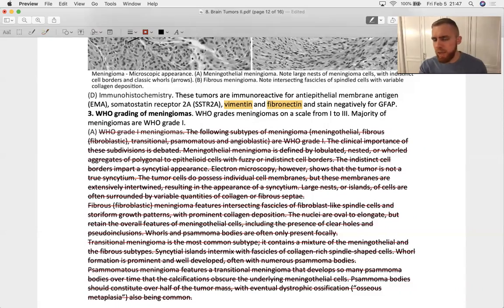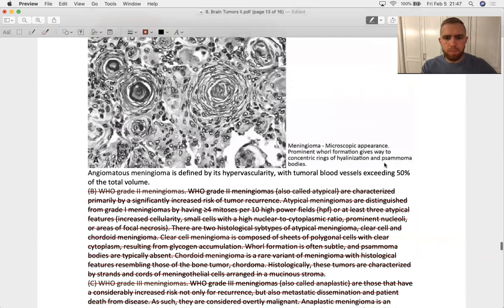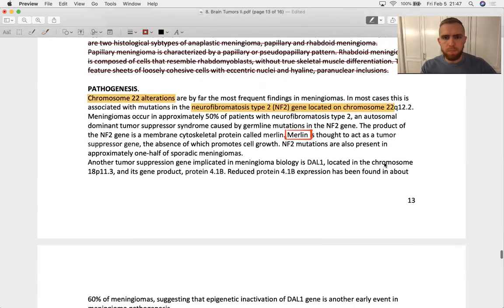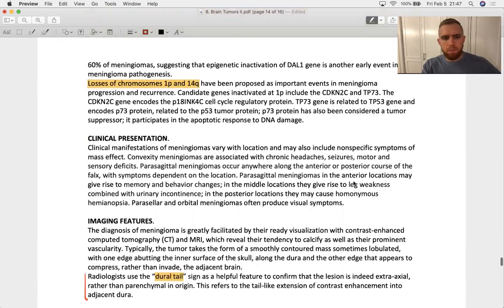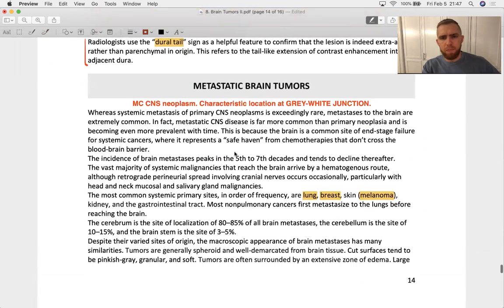They don't stain for GFAP. One more time, that neurofibromatosis 2 association, particularly with the Merlin gene. And that dural tail we talked about.